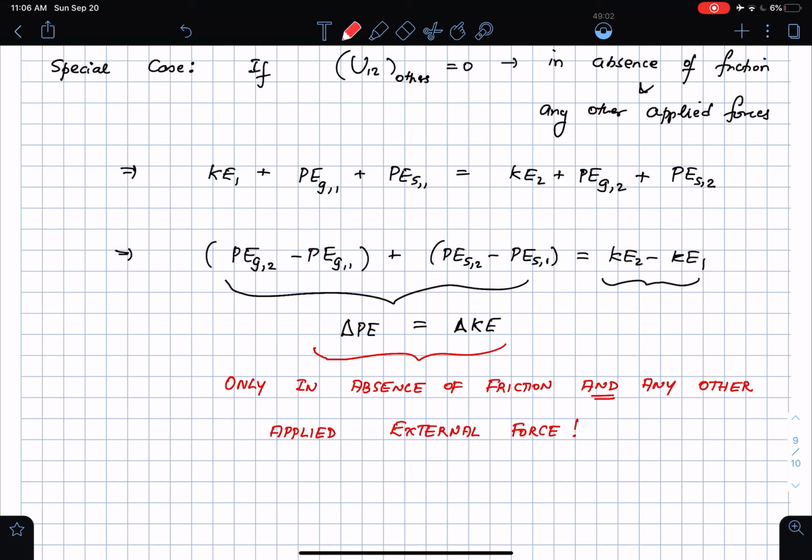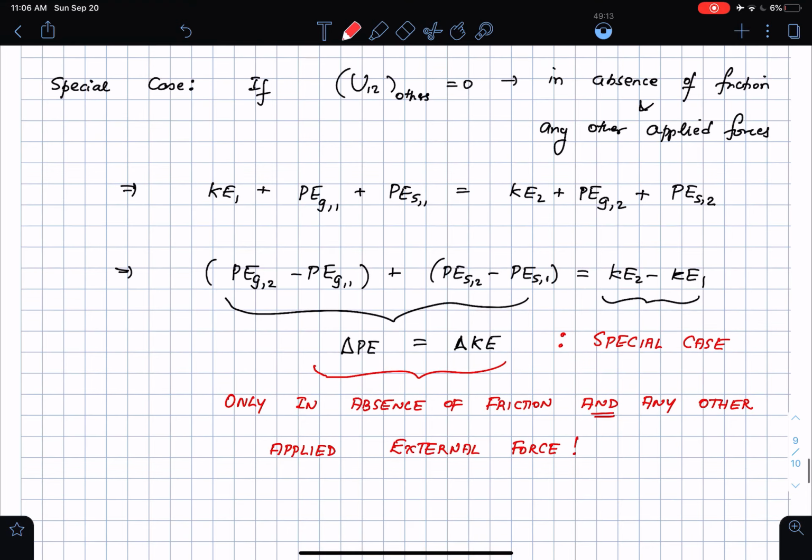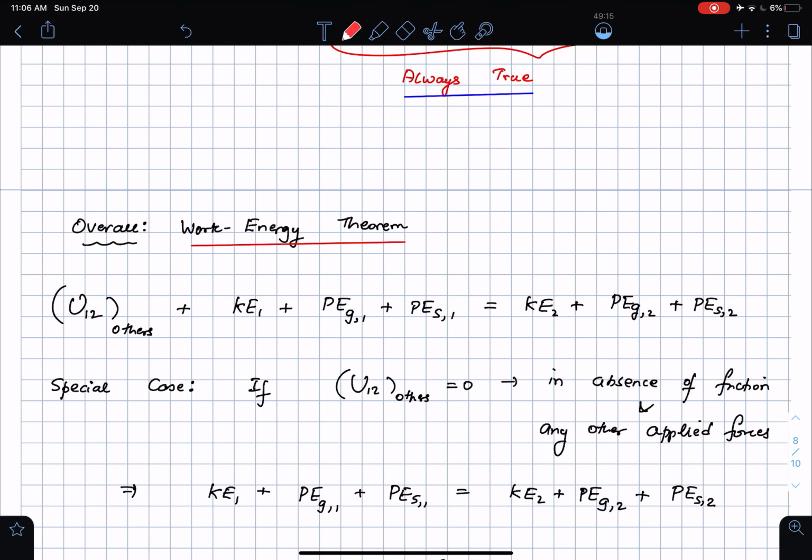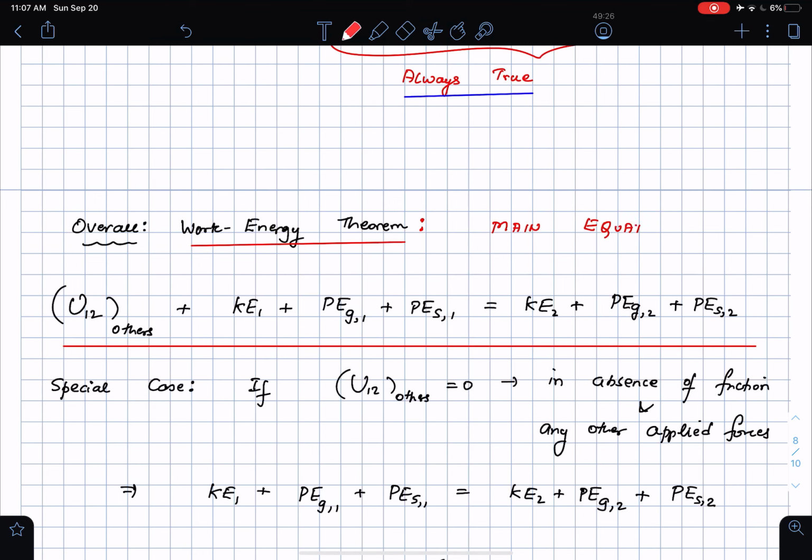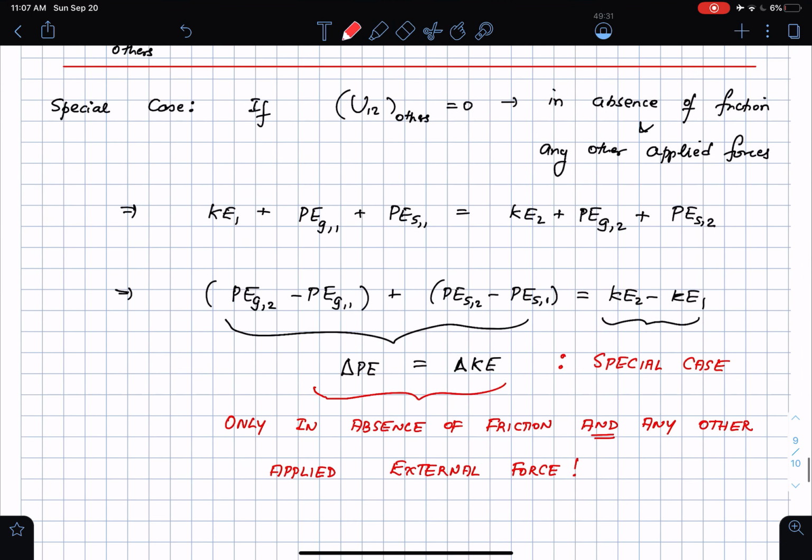Okay, so this is just a special case. This is not the equation you want to remember. The equation that you want to remember is right up here, this big guy here. This is the main equation. This special case is only in the absence of any friction or any applied forces, which is a very common form of energy conservation.